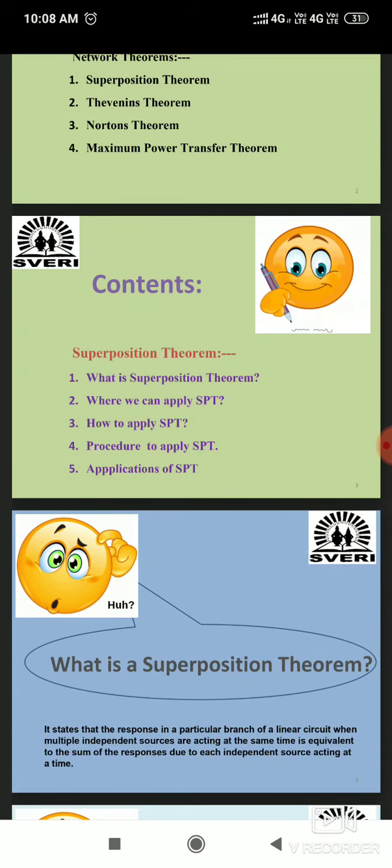First of all, what are the different points in the superposition theorem? First of all, what is the superposition theorem? Second, where we can apply this SPT. SPT means short form, superposition theorem. Third, how to apply SPT, what will be the procedure or steps to apply SPT.